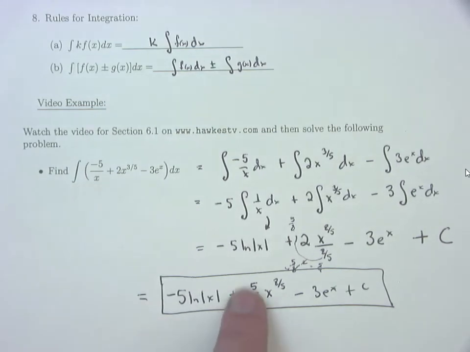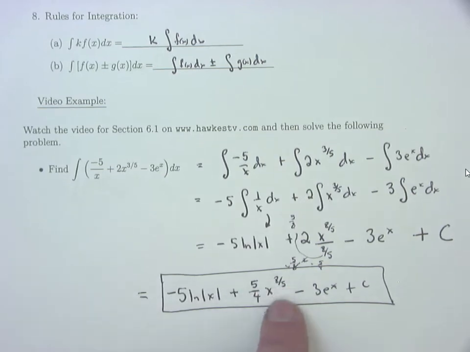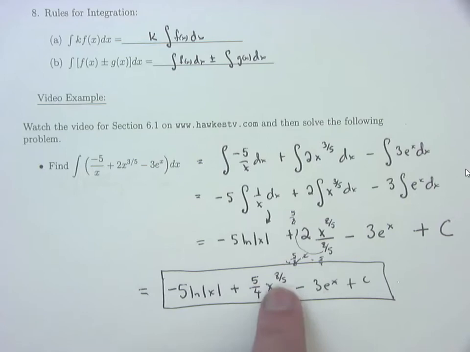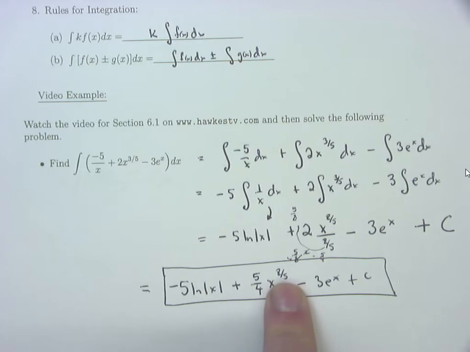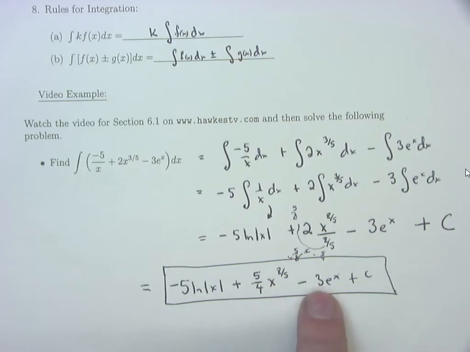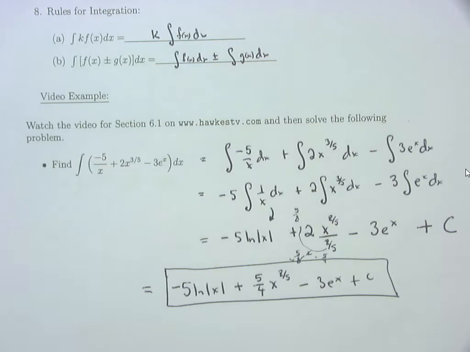Derivative of 5/4 x to the 8/5, you bring down the 8/5 and subtract 1, and 8/5 times that 5/4 ends up giving you 2, x to the subtract 1, which gives you 3/5, minus 3, derivative of e to the x is e to the x. I get the same function back. And derivative of constant is 0, so the plus c doesn't show up. So you can always double check yourself.